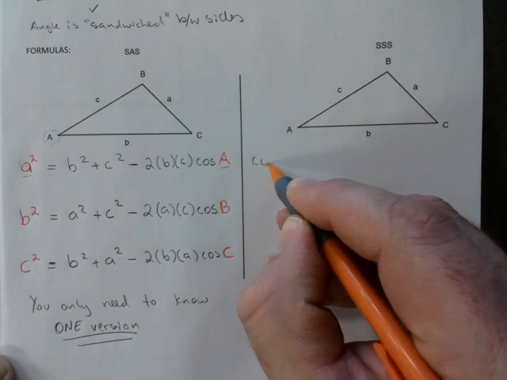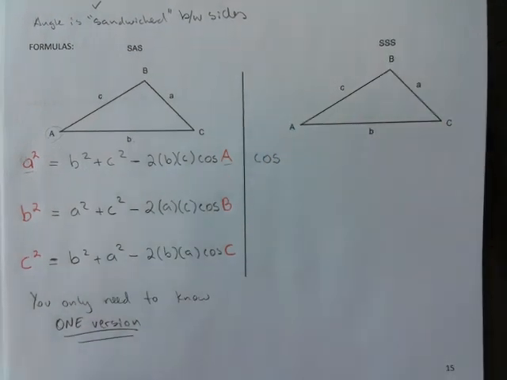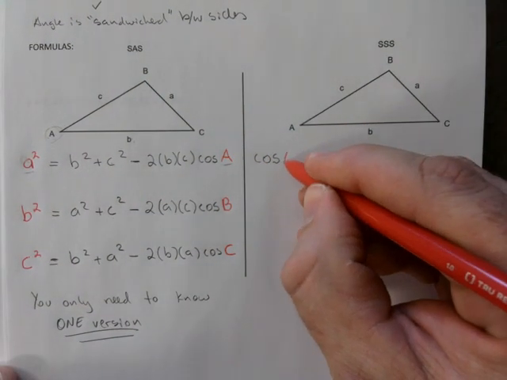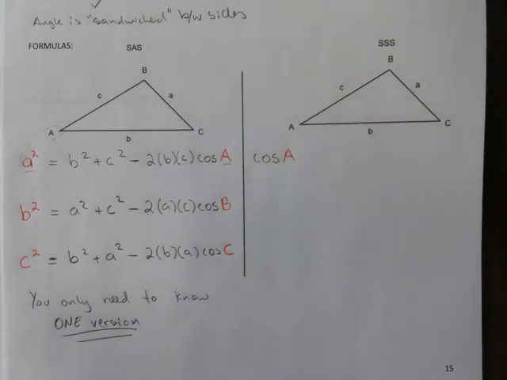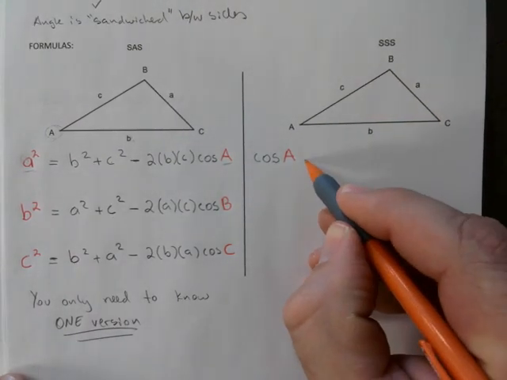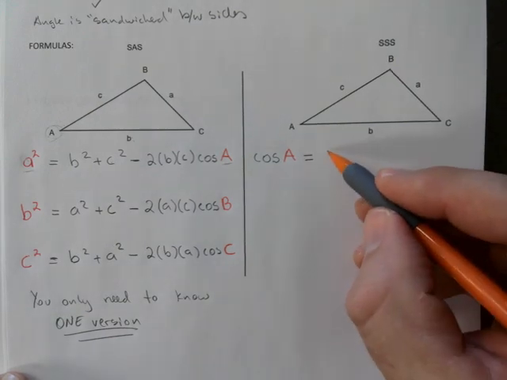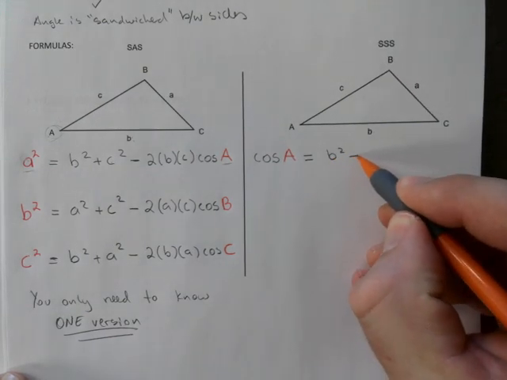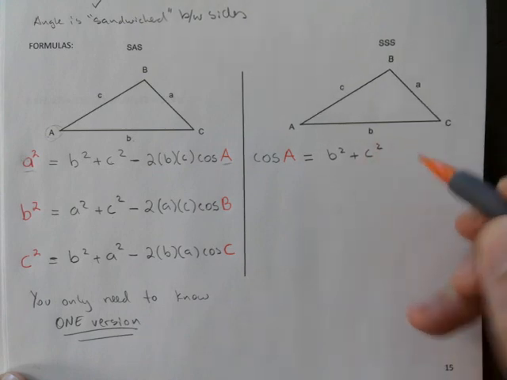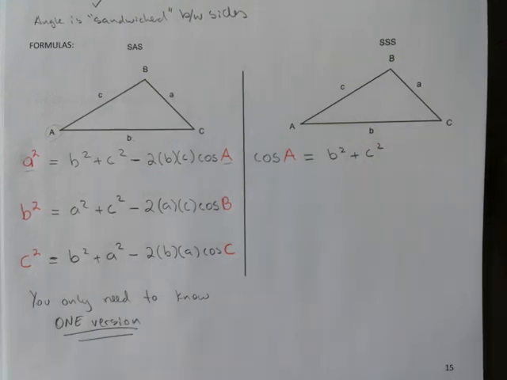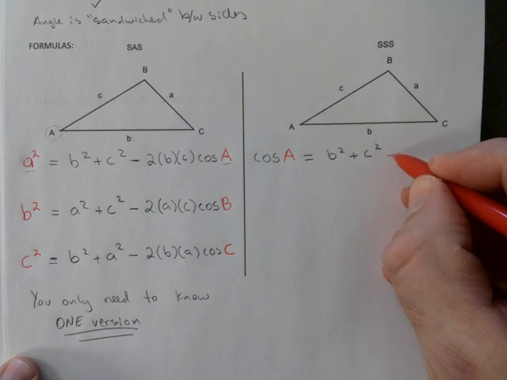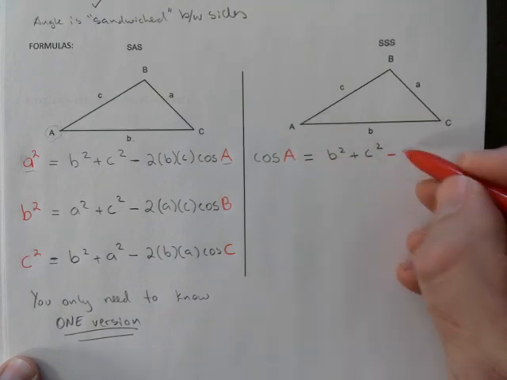You're going to say, hey, cosine of angle A, let's say you want to solve for angle A, is going to be equal to B squared plus C squared, watch this, minus A squared.